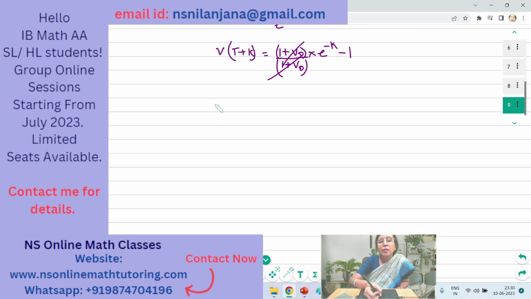So V of capital T plus k will be equal to e to the power of negative k minus 1.